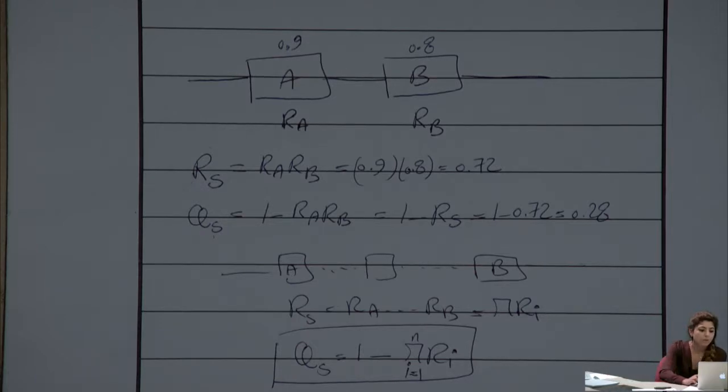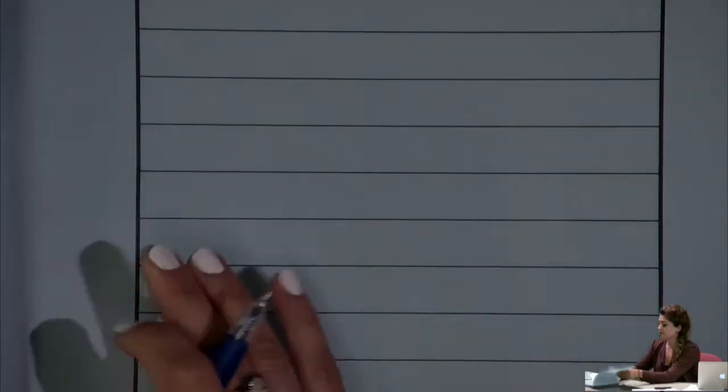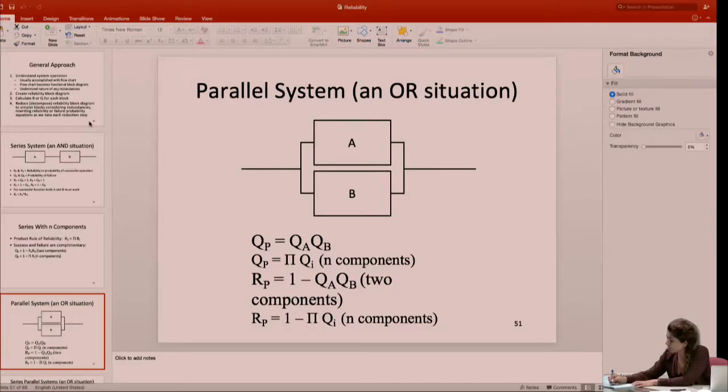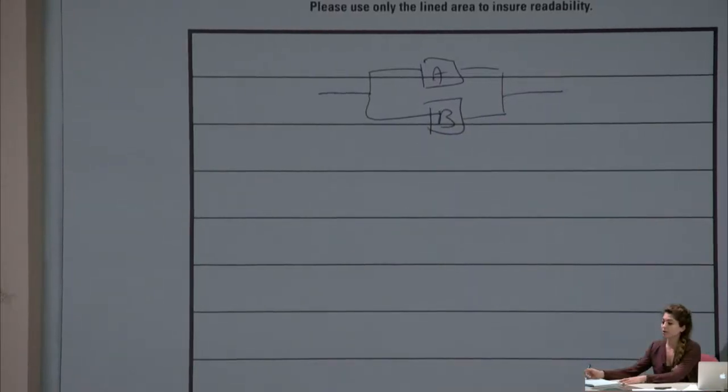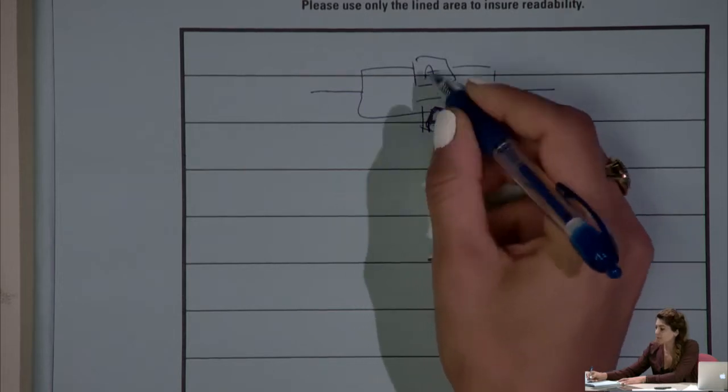Now, how does this formula change if I have parallel components in the system instead of series components? So let's look at two components that are redundant, but they're put in parallel, A and B. This is when you want to have a redundant component in your system. So let's say this is exactly the same component as the one above.